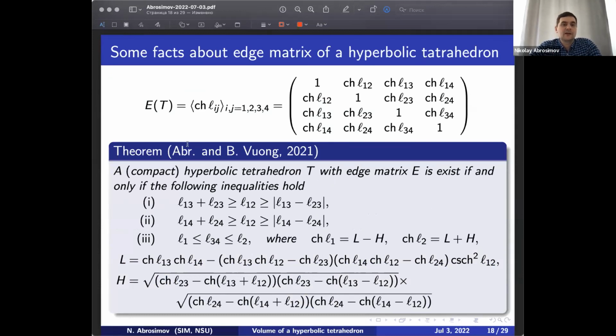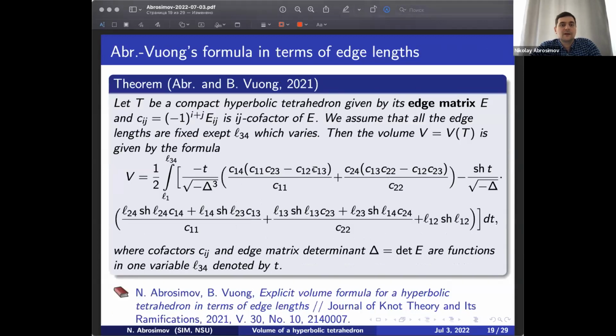Here are all the above mentioned formulas expressing the volume in terms of diagonal angles, and here is the existence theorem for a hyperbolic tetrahedron in terms of edge lengths. And this is a volume formula.